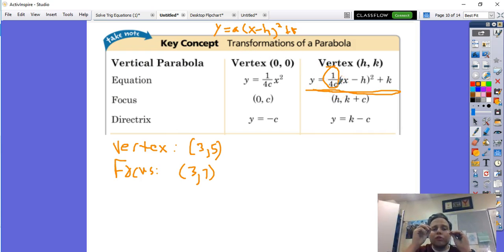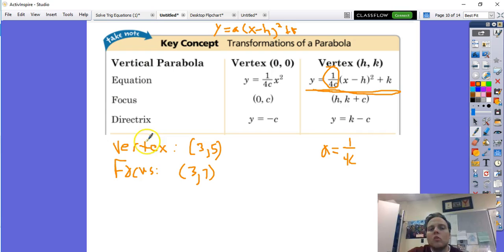That is a crucial piece of information. The fact that a is equal to 1 over 4c means that I could write the vertex form if I knew the vertex and I somehow found c.